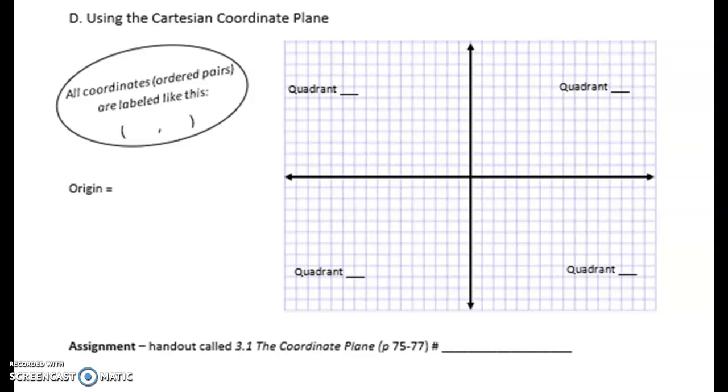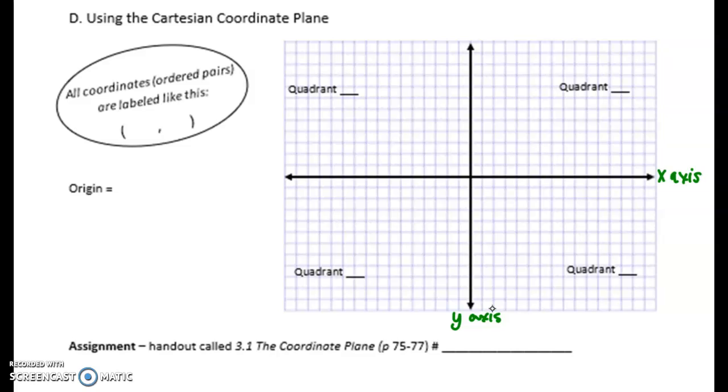So let's review. We have, and please label it on your notes, the x-axis. The x-axis is horizontal, side to side, and the y-axis. Just for interest's sake, the x-axis is sometimes called the abscissa, and the y-axis or coordinate is sometimes called the ordinate.